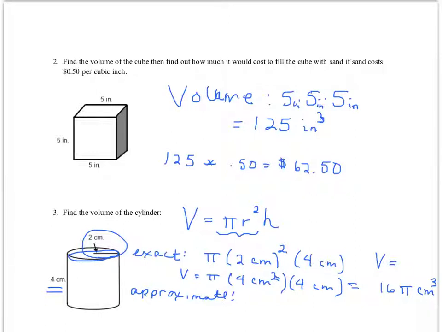So all I'm going to do is multiply 16 times 3.14, and that's going to be my approximate volume of 50.24 centimeters cubed. And to make it approximate, I'm going to erase these equal signs and do little squiggly lines.